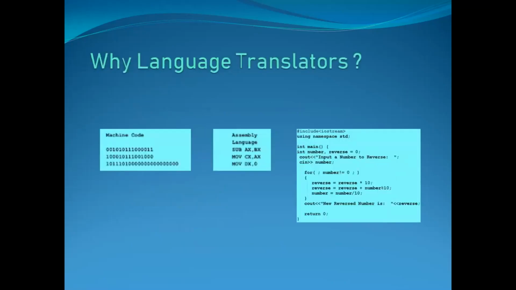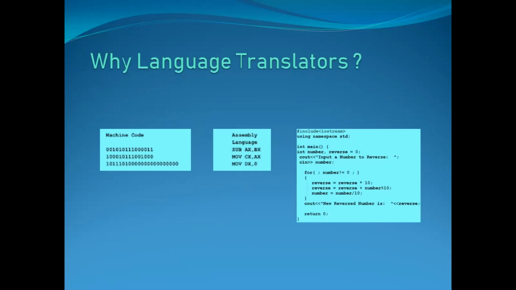So why do we use language translators? The answer is very simple, and I think you already know it. As you know, a computer is an electronic device which can understand only 2 states of electricity, on or off, which can be represented by 1 or 0 respectively.